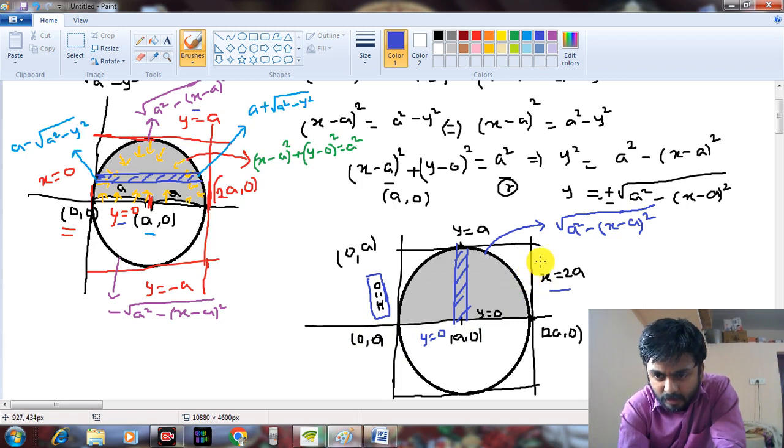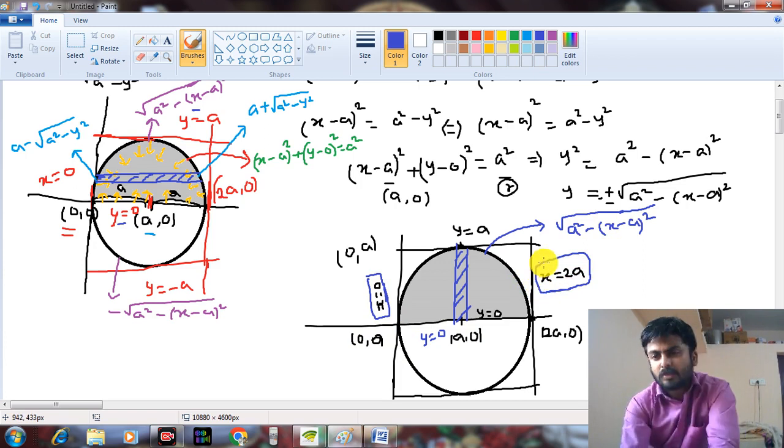Why? Because the external limit should be constants, whereas the internal limit should be variables.